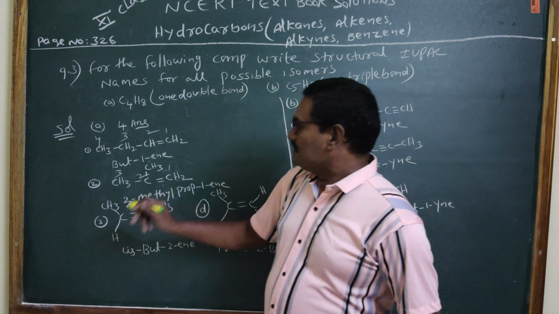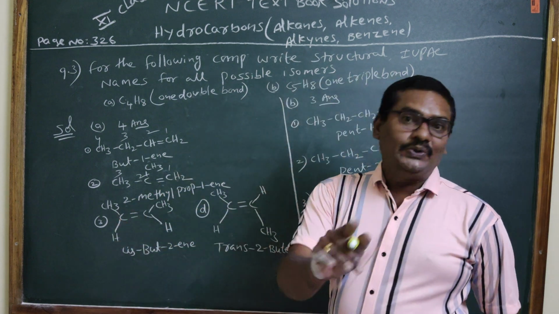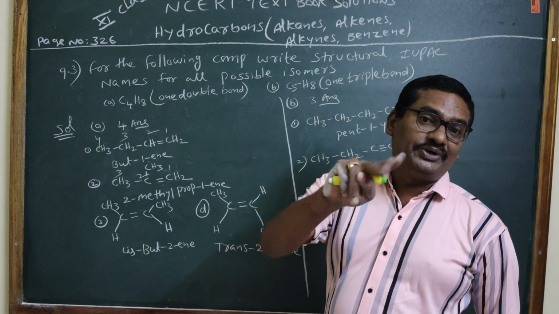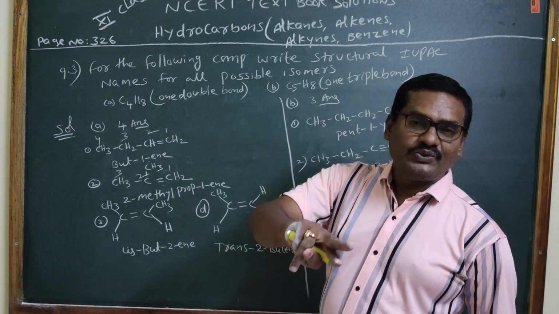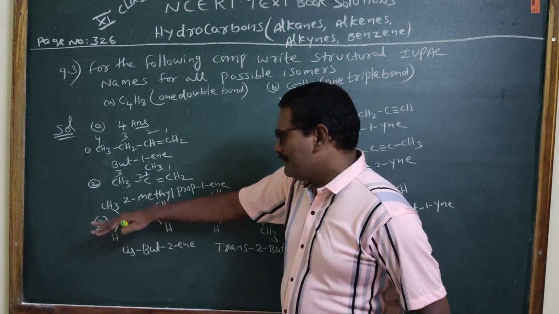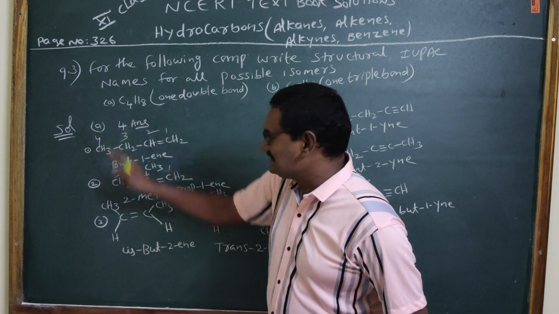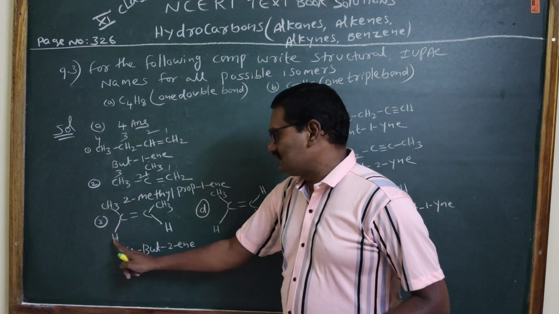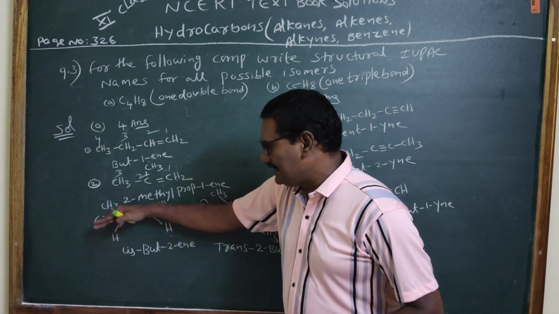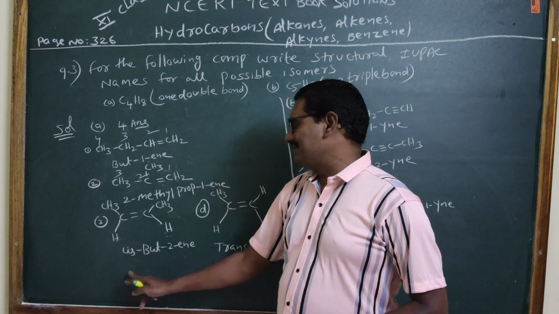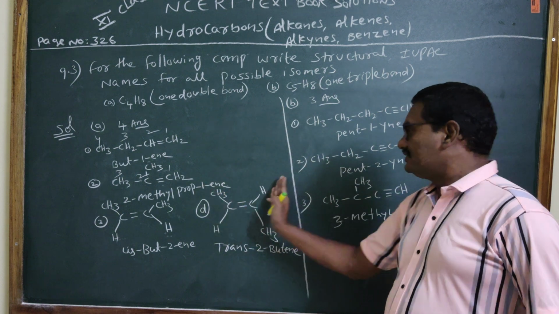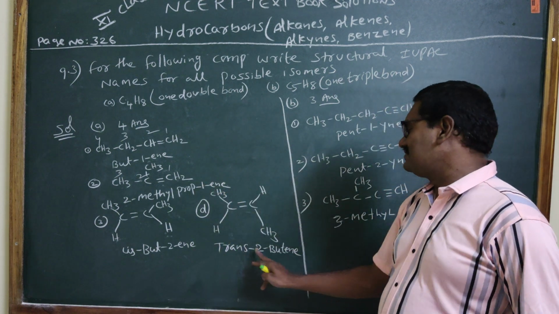Third structure: but-2-ene has two geometrical structures, cis and trans. But-2-ene contains cis-but-2-ene and trans-but-2-ene. Here, on the same side of the alkene there are the same groups: above, CH3, and below, H, H. Same groups on the same side means cis-but-2-ene. But-2-ene with the same groups on opposite sides means trans-2-butene.